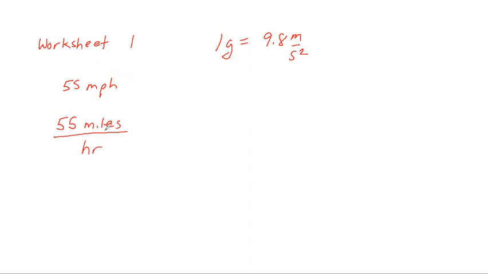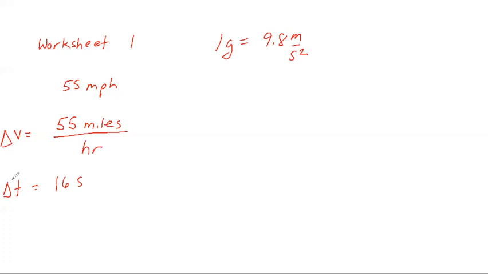And I need to get meters per second squared, and then in 16 seconds. So V is that, this is delta V because it starts from 0. Delta T equals 16 seconds. So I can't really calculate my acceleration yet because I cannot mix hours with seconds.